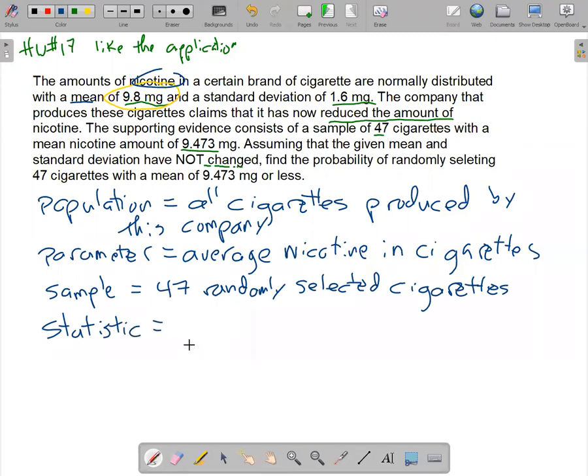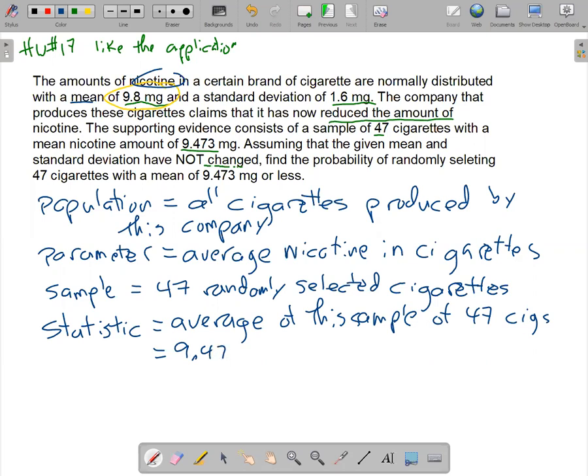The statistic here would be the average of this sample of 47 cigs, which happens to be 9.473. Let's make a note about the population parameter we have. That one is 9.8.